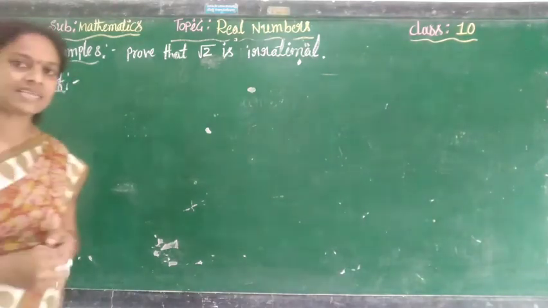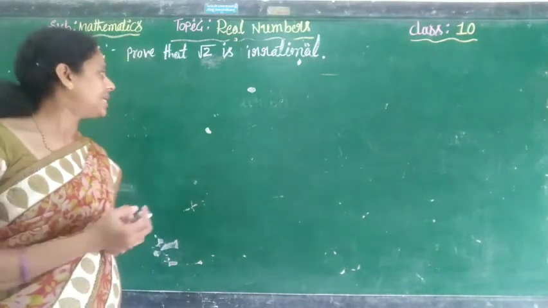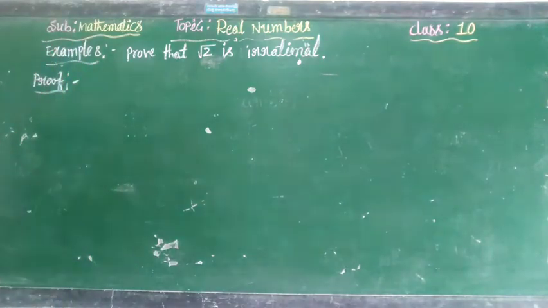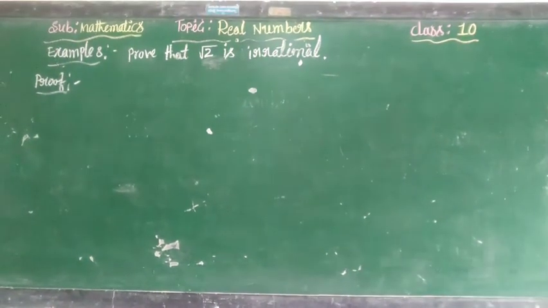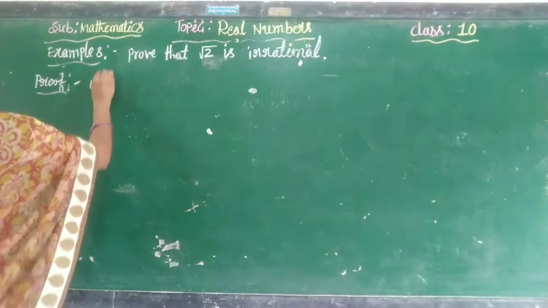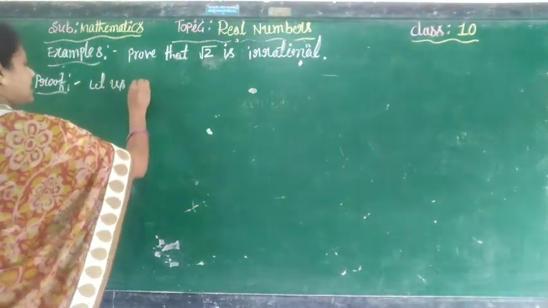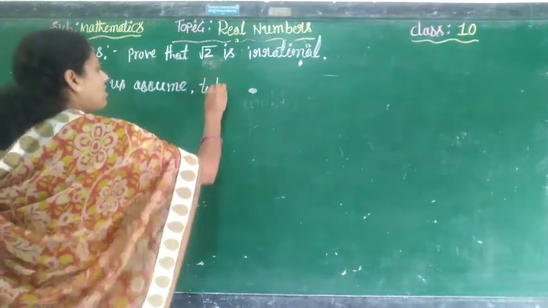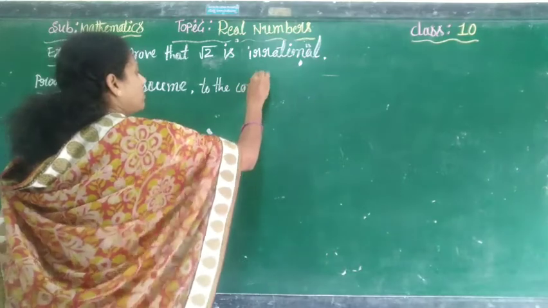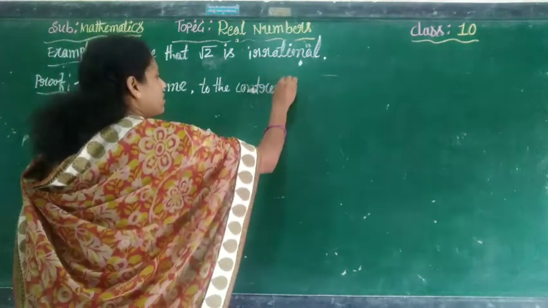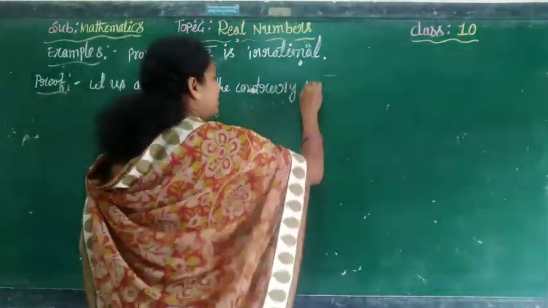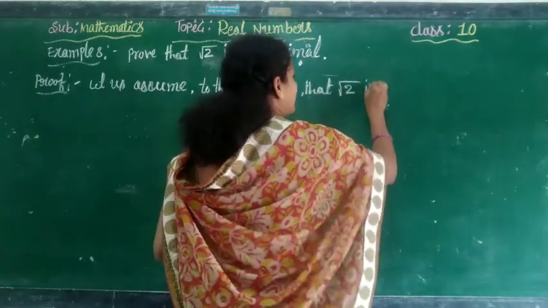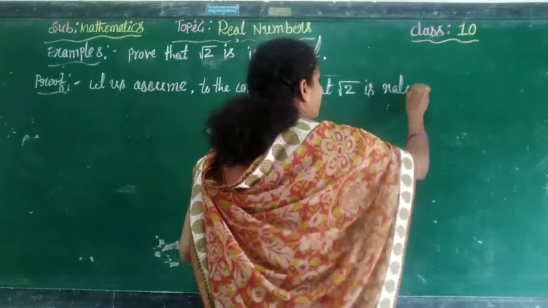Let us assume that root 2 is rational. Okay, children.